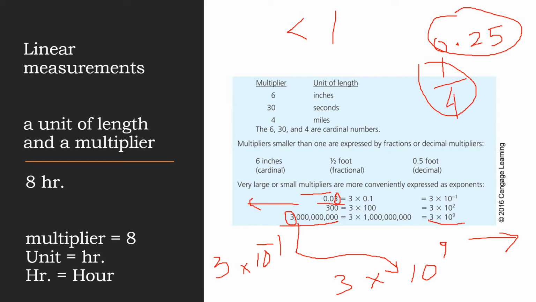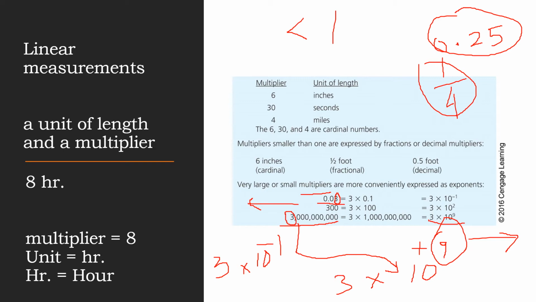You count the zeros; the number of zeros equals the power number. Going that way, getting smaller, you have your value times, counting the zeros after the decimal. There's only 1 right there, so 10 to the power negative 1. Negative means going in that direction. It's kind of like a vector. Here there's a positive, meaning going in this direction, increasing.